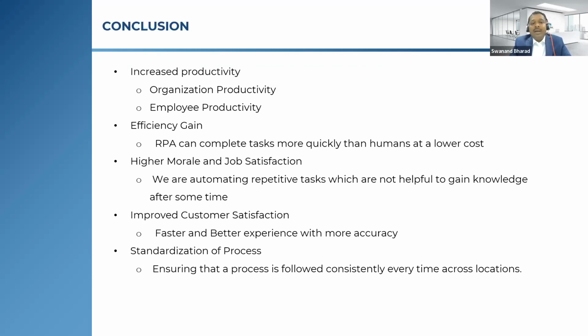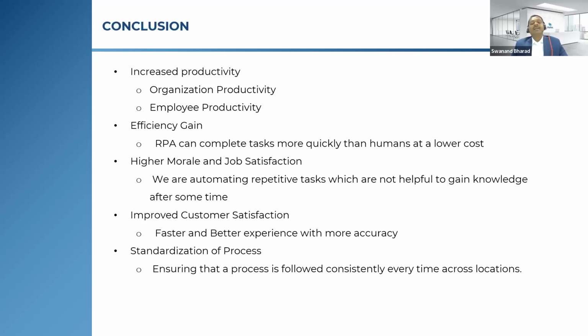Next, higher morale and job satisfaction. This is the most important part here. When we automate a process, most of the resources do their work on a repetitive basis. They do the same task for about 4 to 5 hours daily. So they are not getting much chance to learn new things. They are doing the same task again and again each and every day.